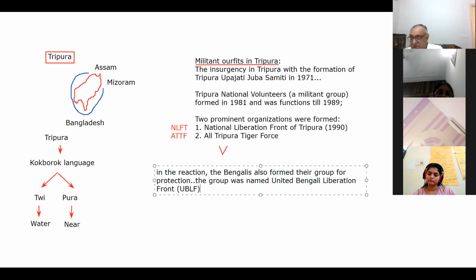Right, beta, one thing here is important, that like Bengal, Tripura was also dominated by the communists, right.